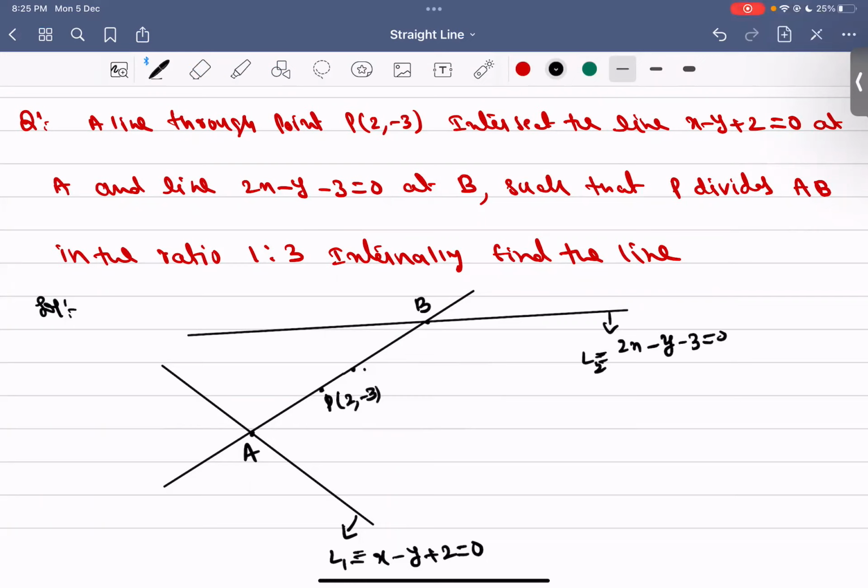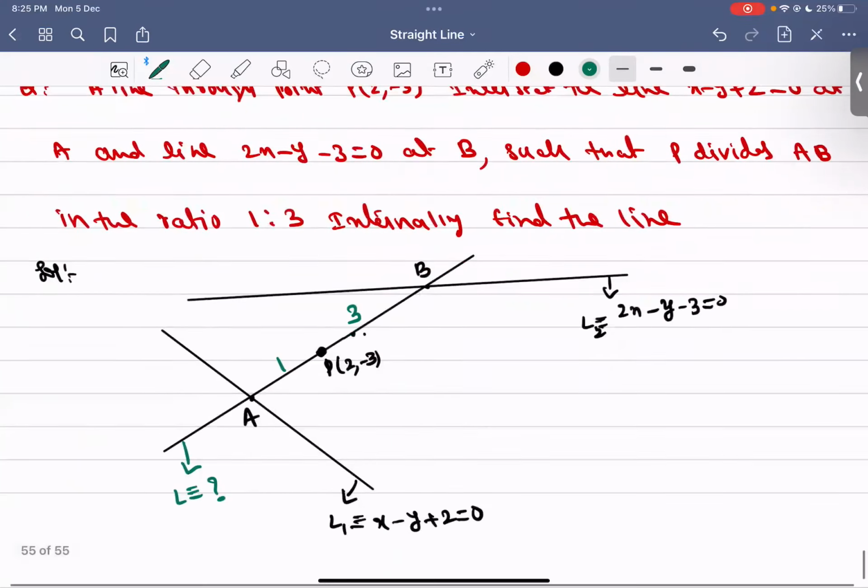P is (2, -3). Then it is being asked to find this line equation. Clear? Question clear?